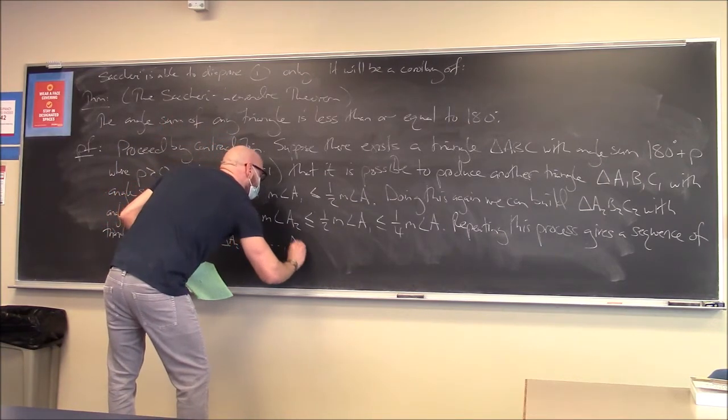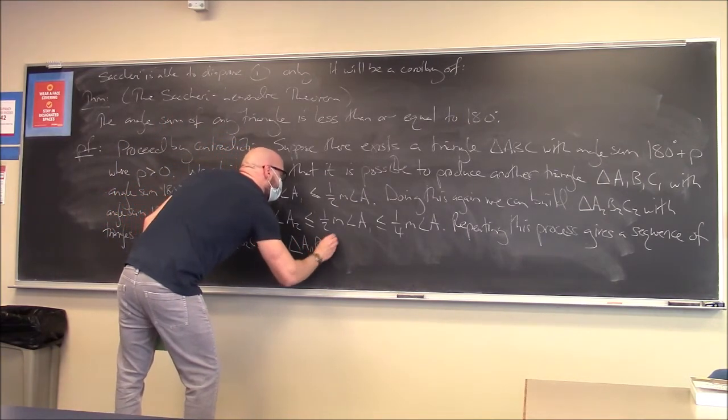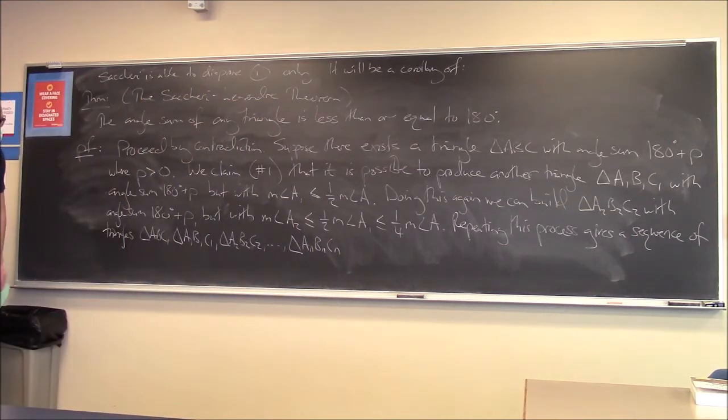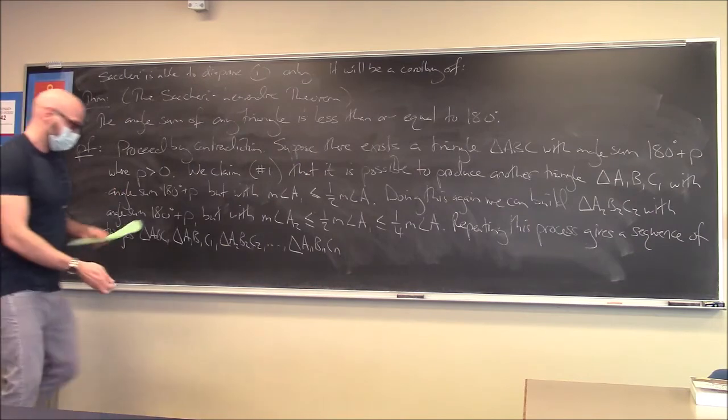Let's go to An, Bn, Cn, where the angles at one side get smaller and smaller and smaller.